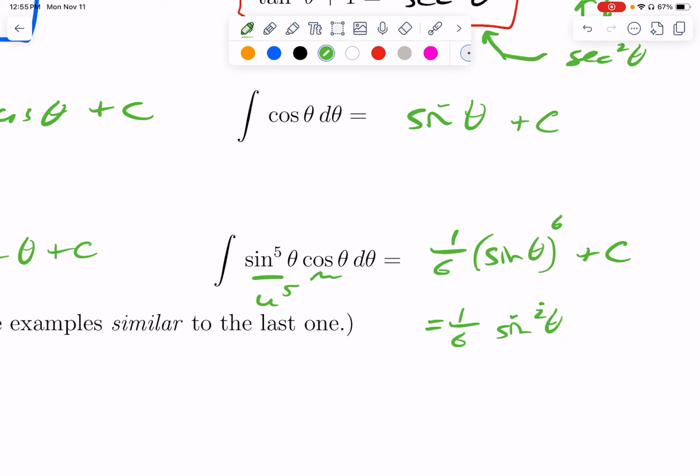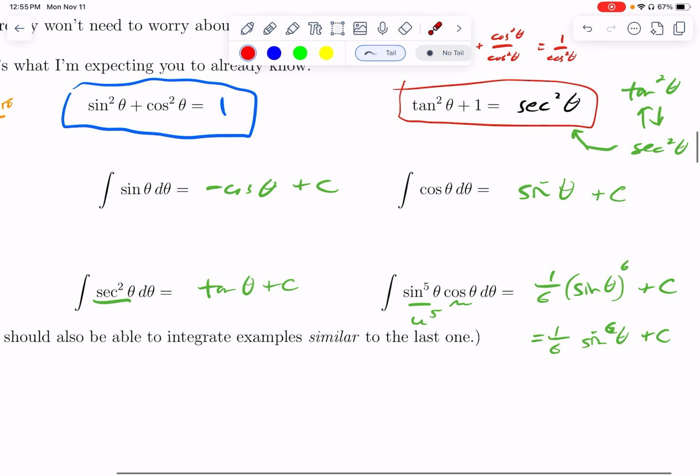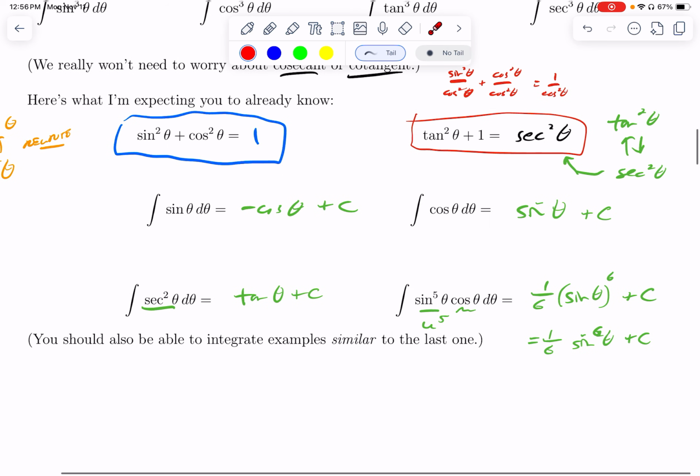So that's what's going on here. If we have a bunch of sines and just one cosine left over to kind of cancel with chain rule, that's great, or vice versa. So you should know these integrals. And for this last one, you should be comfortable with anything that sort of reminds us of that. It doesn't necessarily have to be a 5th power. Right, so there's an expectation you know all of this stuff.